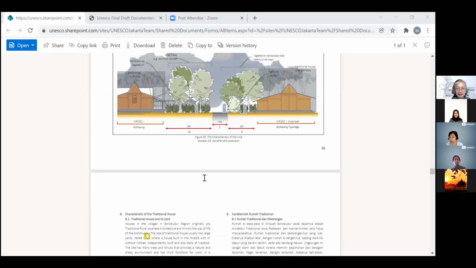One is the characteristic of the village, and secondly the characteristic of the house. Even the house itself has two parts, the house and garden as well as the building itself, so there will be three categories.